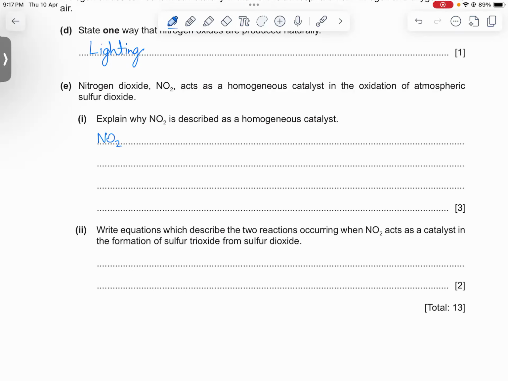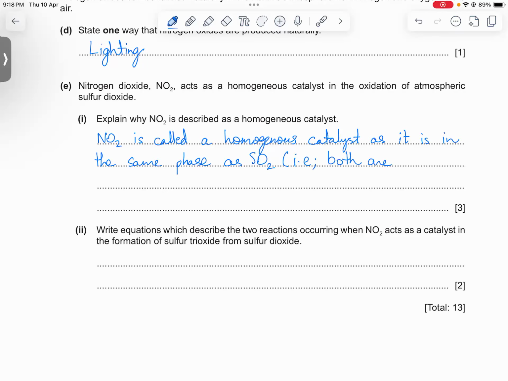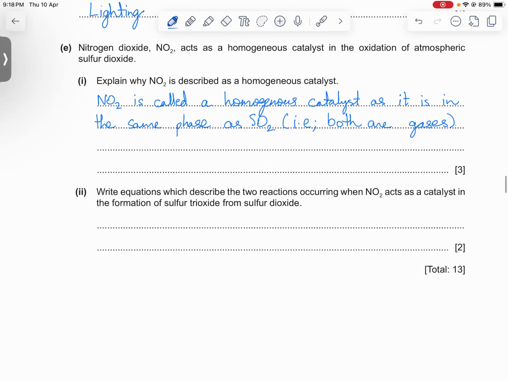NO2 is called a homogeneous catalyst as it is in the same phase as SO2, and in bracket you can say i.e., both are gases. Both are gases. Okay, so once this has been mentioned, what do you do next?